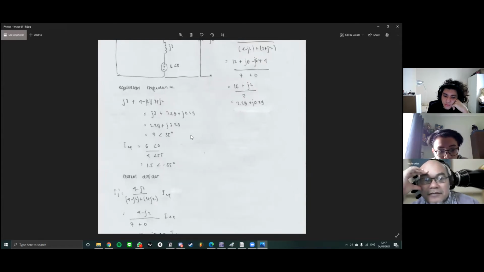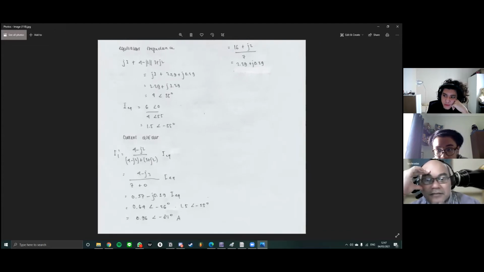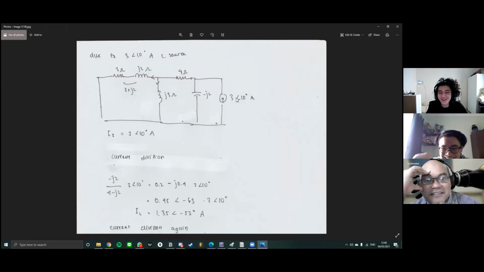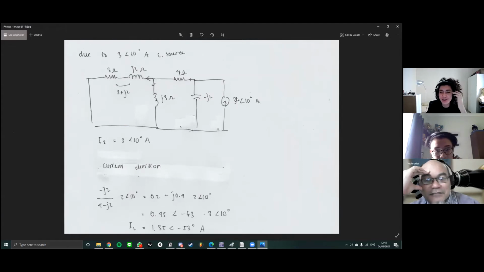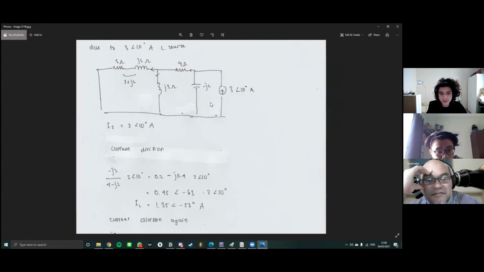Okay, and finally the last contribution from the current source. Due to the current source, it is 3 ampere with a phase angle of 10 degrees, and we're going to have a simple calculation using current division.